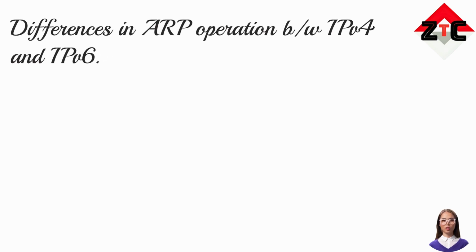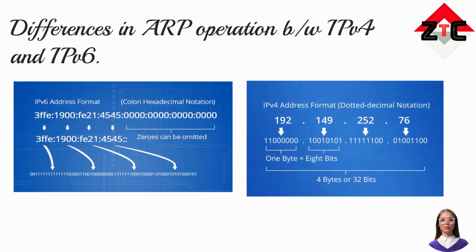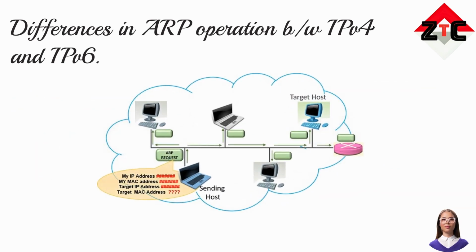Differences in ARP operation between IPv4 and IPv6. Address format. IPv4 addresses are 32 bits long and represented in dotted decimal notation. IPv6 addresses are 128 bits long and represented in hexadecimal notation. Address resolution process.